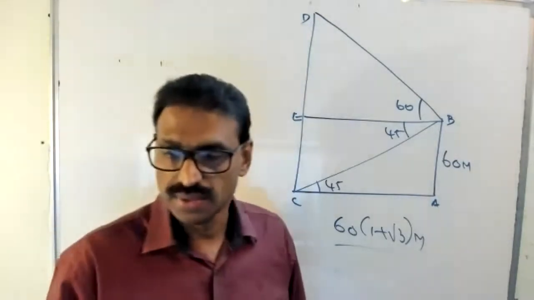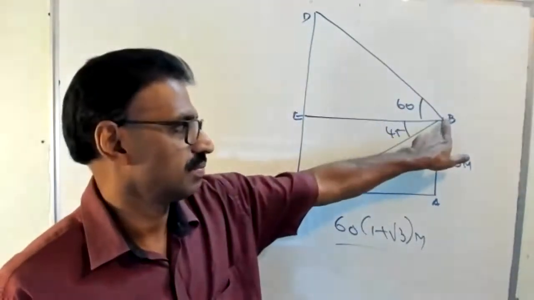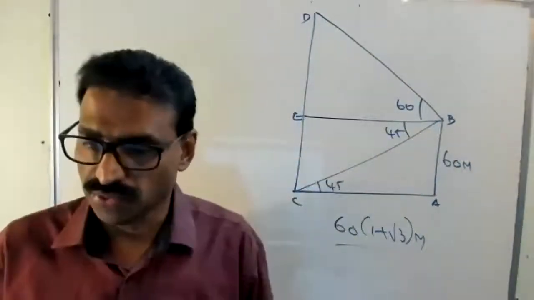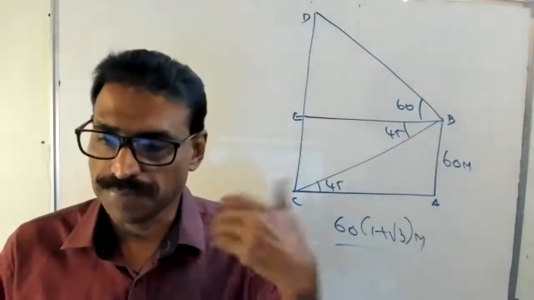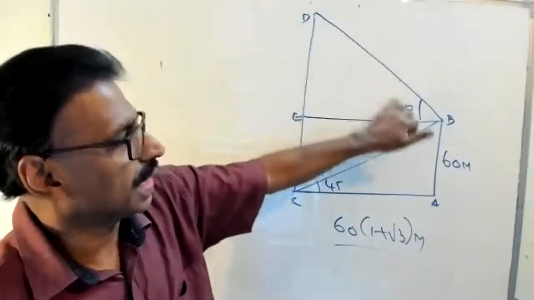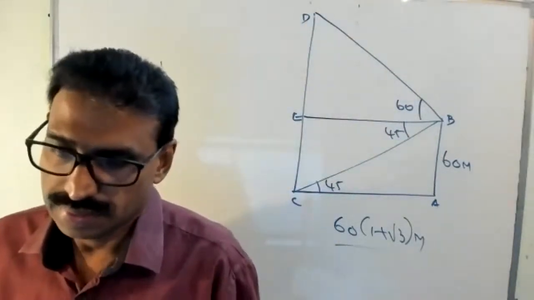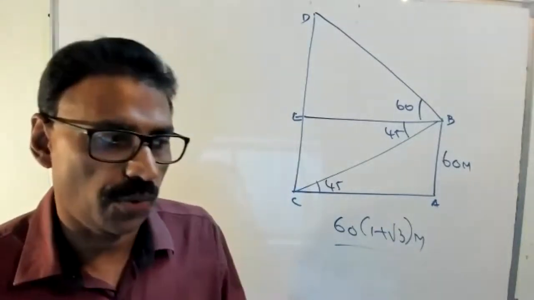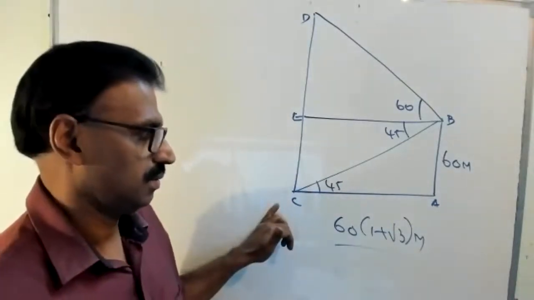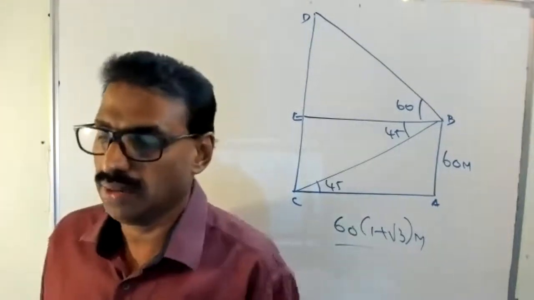Open the curtain. Look at the opposite building, 10th floor. That angle is 60°. Then look at the opposite building ground. That is 45°. Clear now?